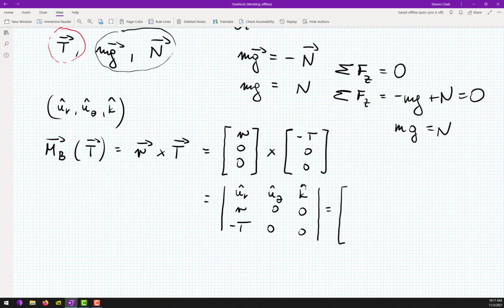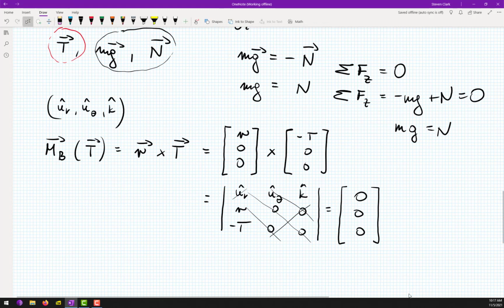So this will be 0, 0, 0. Okay, so the entire vector is 0, and that means that in particular, the third component is also 0. That's why our momentum is preserved.